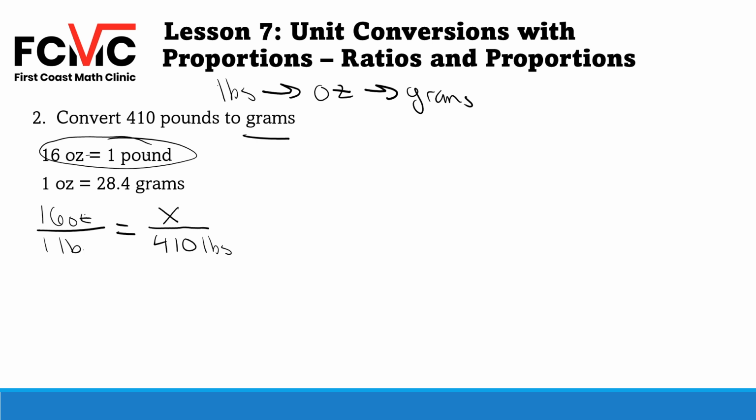We're not worried about the grams just yet. We want to convert to ounces first, and then we can convert to grams, right? So we're just doing this part of our conversion, pounds to ounces.